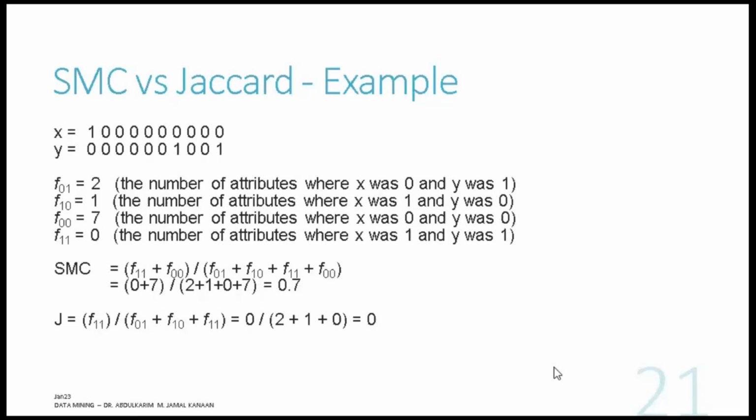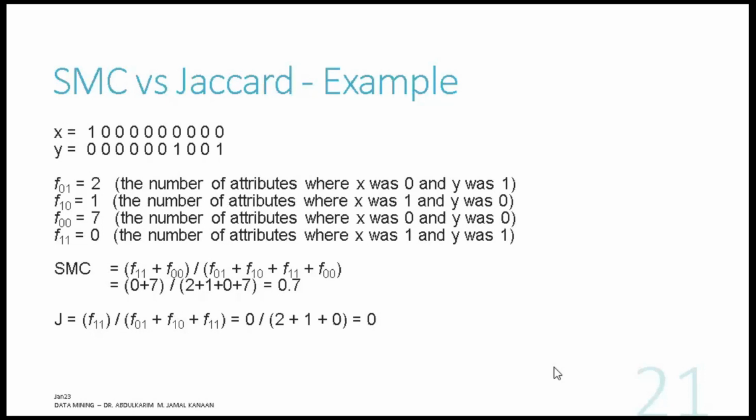So when we substitute, F11 is going to be 0, plus how many matches we had where both are 0, 0. Actually, there are quite many: 1, 2, 3, 4, 5, 6, 7. There are 7 matches of 0, 0. So we get 0 plus 7, over the total of 10, equals 0.7.